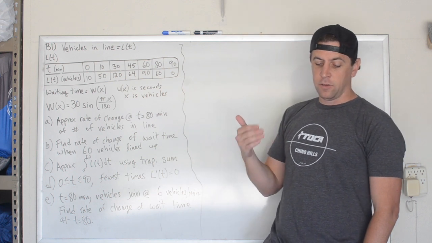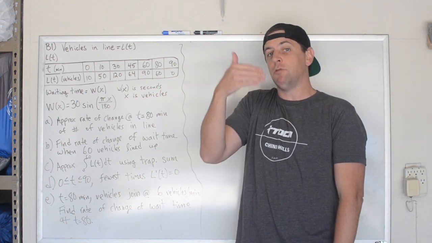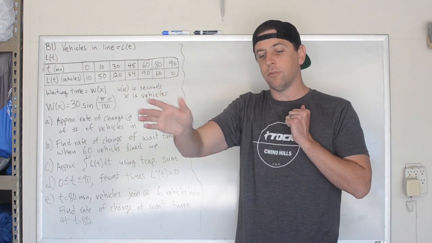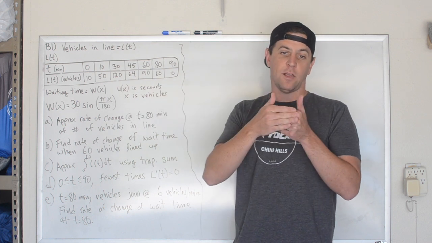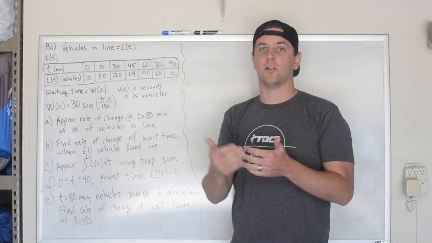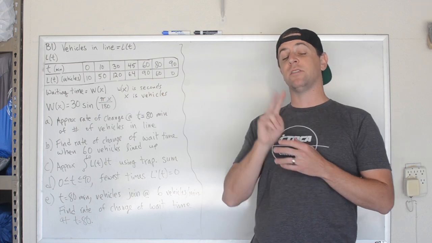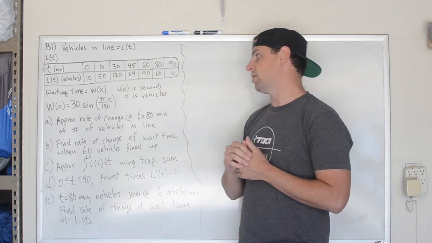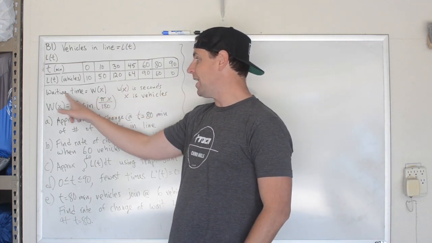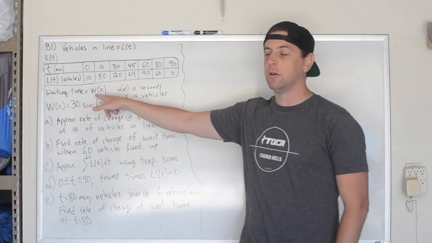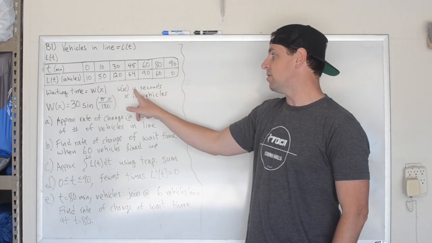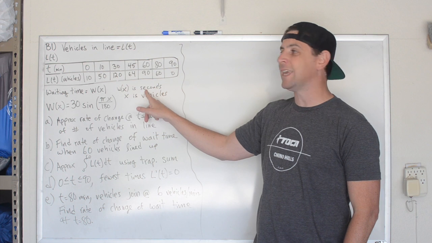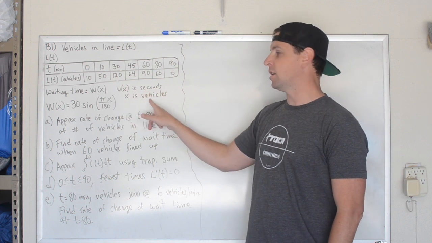The reason that's important is because once we get to a toll booth, we don't just immediately blow through it. We have to wait for that line until it's our turn to pay the toll. So they gave us a second function to model this, our waiting time, which we're going to call W of x, where W of x is the seconds that we're waiting once we get in line, and x is the number of vehicles.